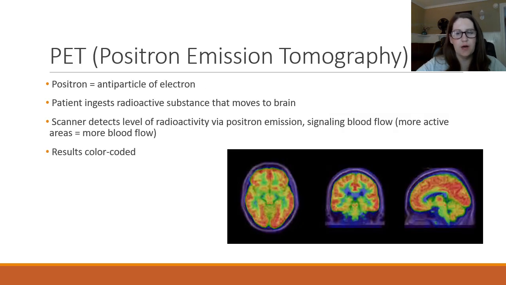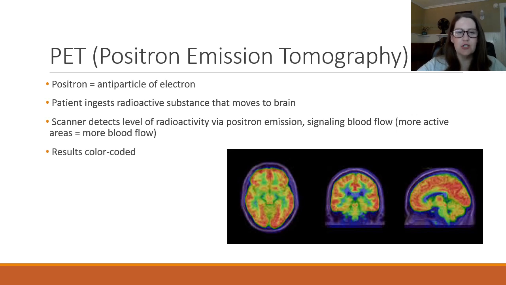The next type of scan is called a PET scan, or a positron emission tomography. Again, you notice the word tomography here, which means we're still taking a 2D image of a three-dimensional object. We're looking at slices. And positron is an antiparticle of an electron. It's something that's emitted in a radioactive material.